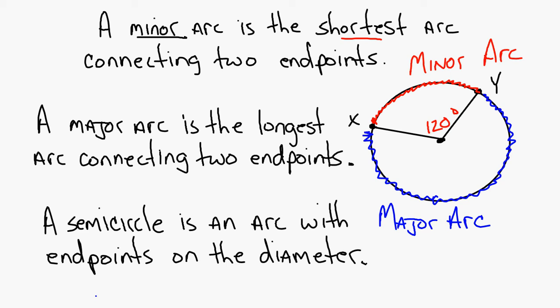The measure of arc XY is equal to its corresponding central angle. The measure of arc XY is 120 degrees. So this right up here would be 120 as well. The measure of an arc is the same as its corresponding central angle.